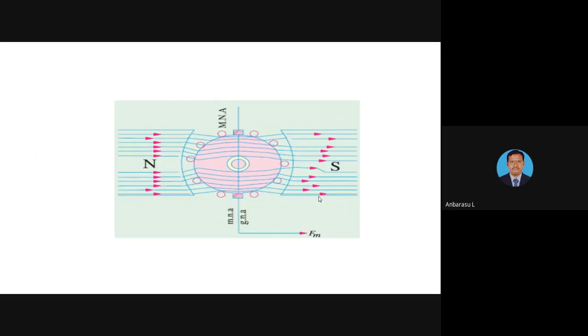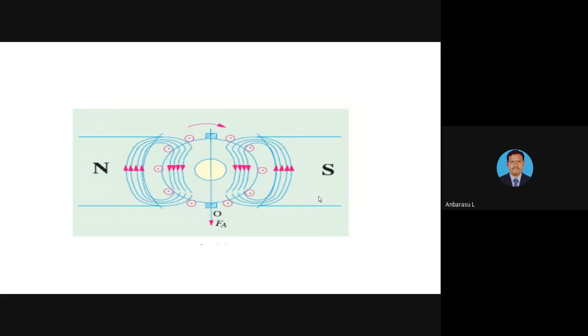Here in the diagram, only main poles are there. There is no armature reaction effect because armature flux is absent. Only main flux is there. In the second diagram, only the armature flux is there. Main flux is absent, so there is no armature reaction effect.